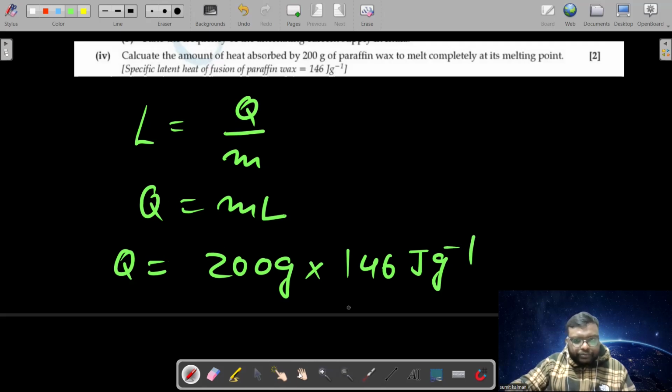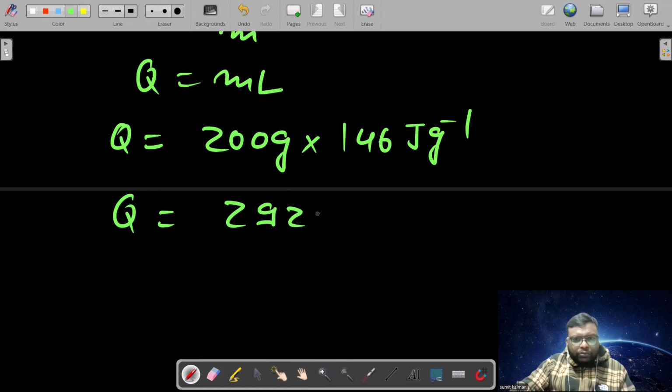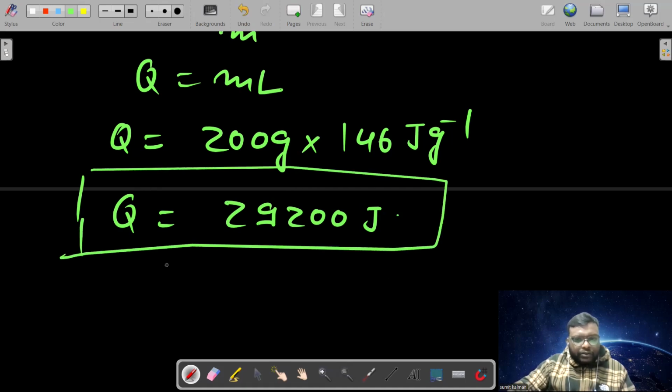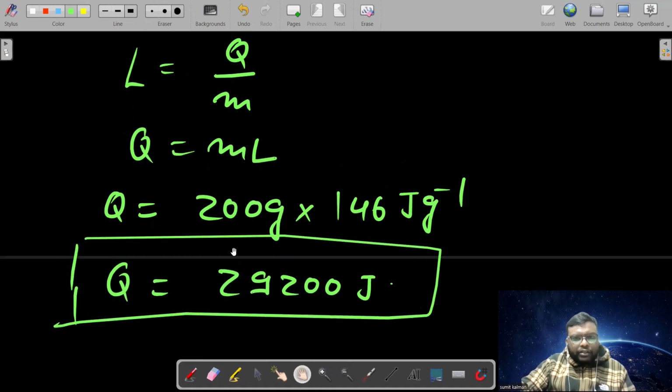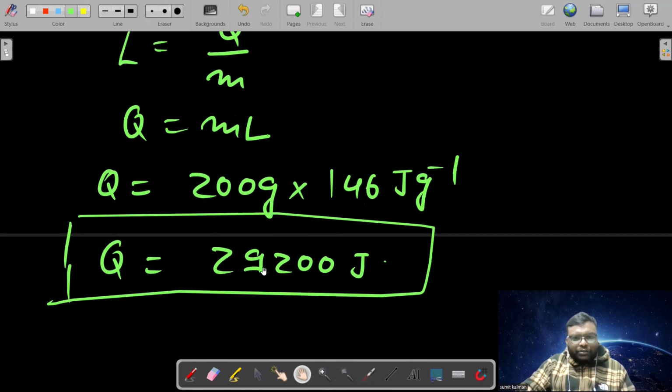If you multiply 2 into 146, it is 292, and 292 into 100 will become 29200 joule. So this amount of heat energy is required for paraffin wax to melt completely at its melting point. So the answer is 29200 joule.